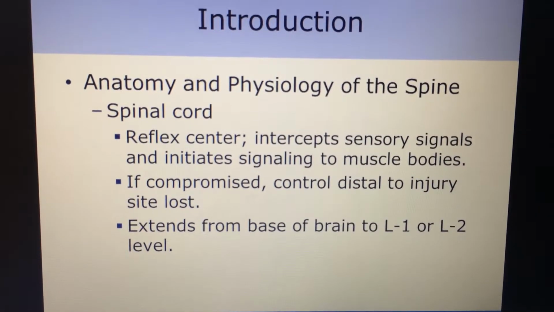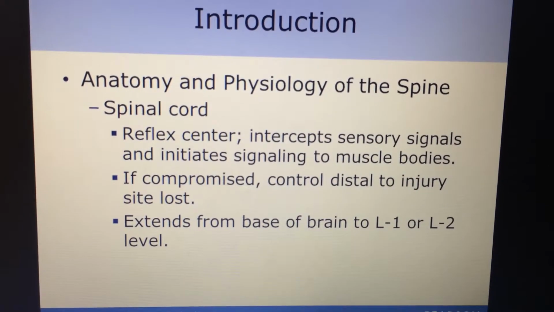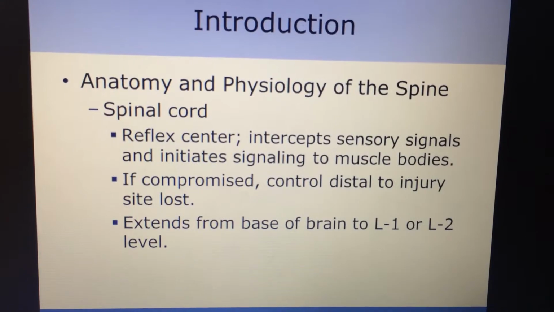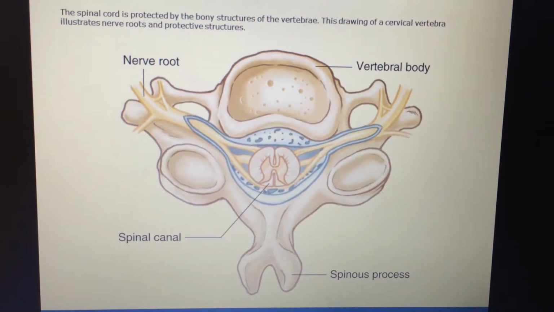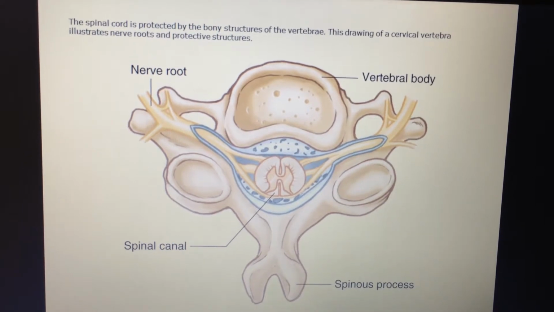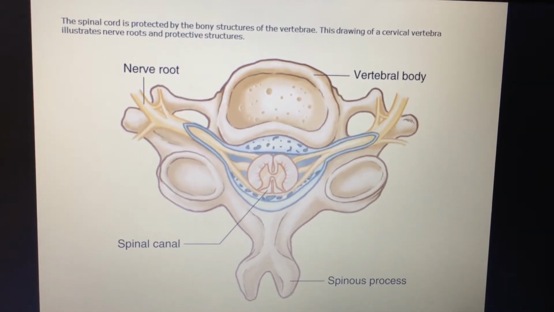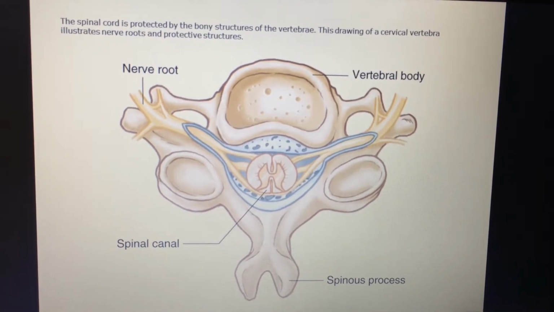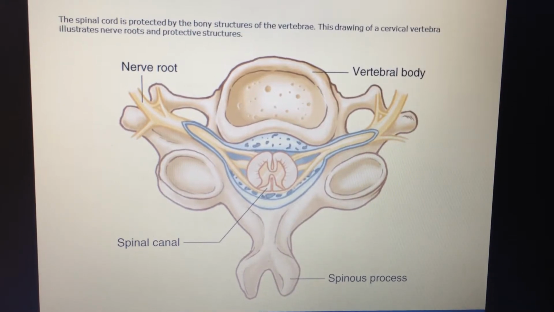I'm going to scroll through these here. Again, know that there's a reflex system out there that the body can use with the peripheral nervous system, separate from the central nervous system. And here's that nerve root plexus as it comes back out. Once those nerves leave the spinal cord, they become our peripheral nerves that are out there and can be affected.